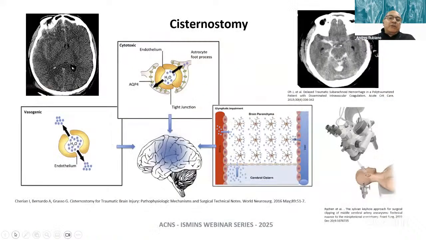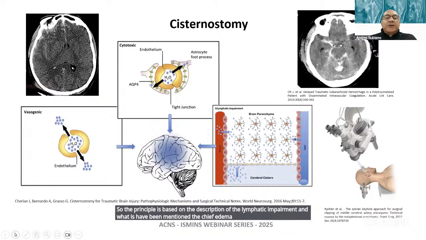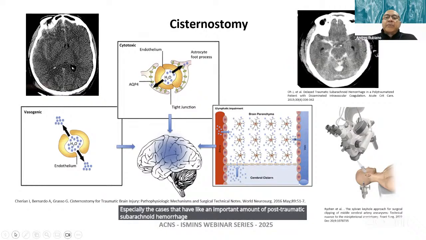So the principle is based on the description of the lymphatic impairment and what has been mentioned, the chief edema. And there are some cases that benefit the most from this procedure, especially the cases that have an important amount of post-traumatic subarachnoid hemorrhage at the cistern level.